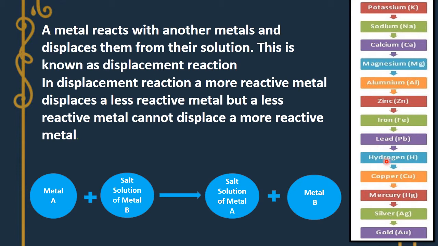And the metals placed below hydrogen are unable to react with water or acids. So this is how it is very important to learn the reactivity series to understand the chemical properties of metals.